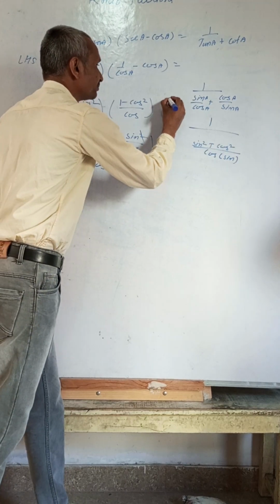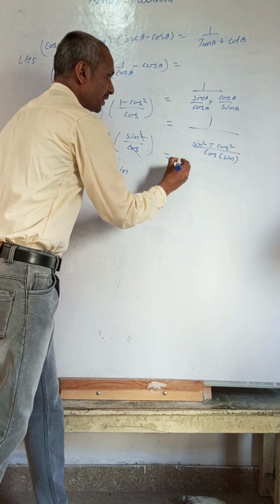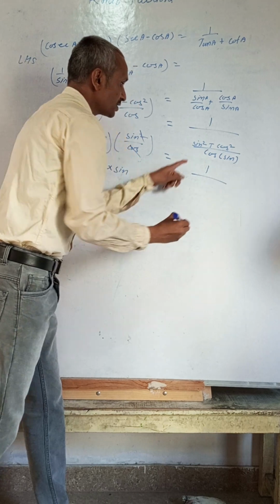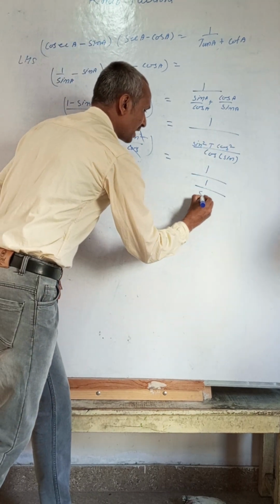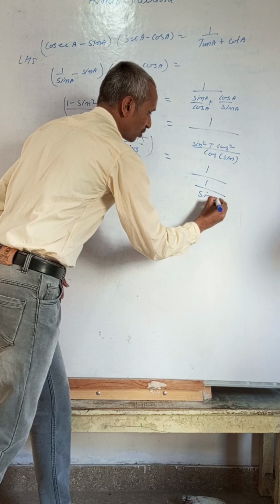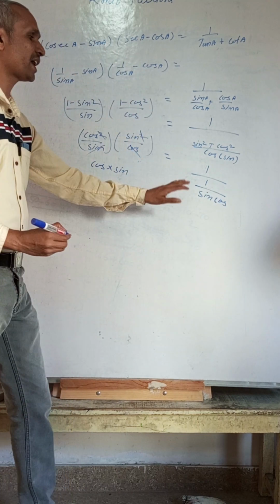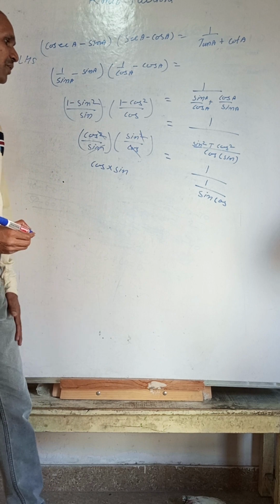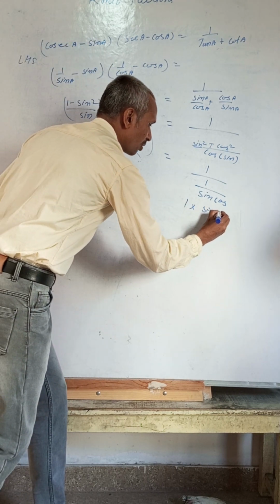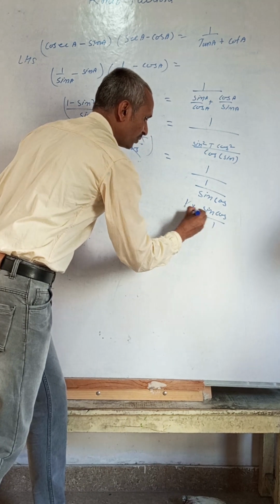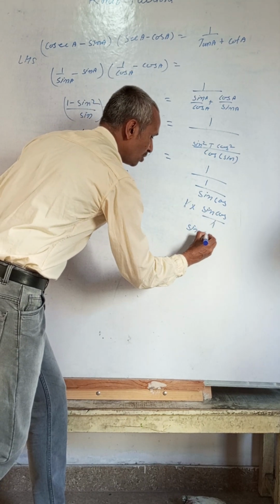So we can write 1 by (sin square plus cos square) by sin cos. You already know sin square plus cos square is 1. So it is 1 by (1 by sin into cos). Now we write it the reverse way: 1 into sin cos by 1. The 1 cancels, and we get sin into cos.